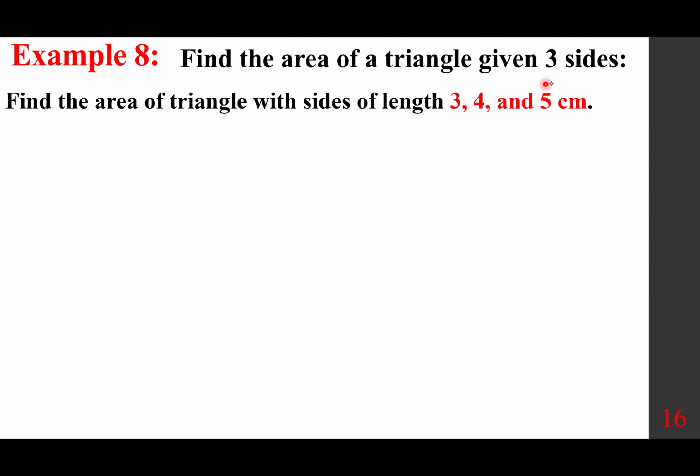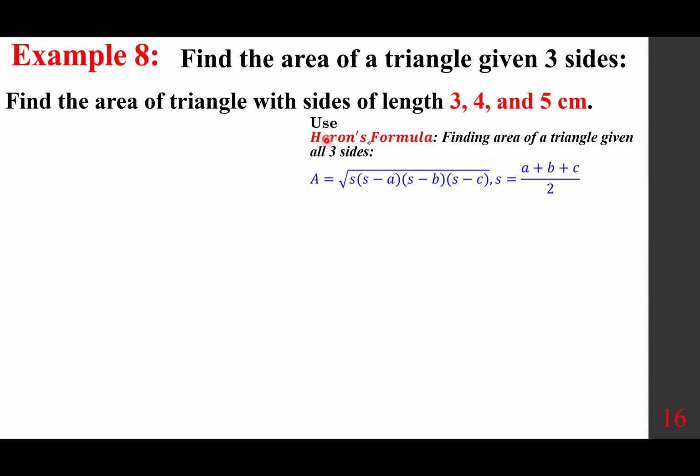Find the area of a triangle given three sides. Find the area of a triangle with sides of length 3, 4, and 5 centimeters. We're going to use what's called Heron's formula, finding the area of a triangle given all three sides.